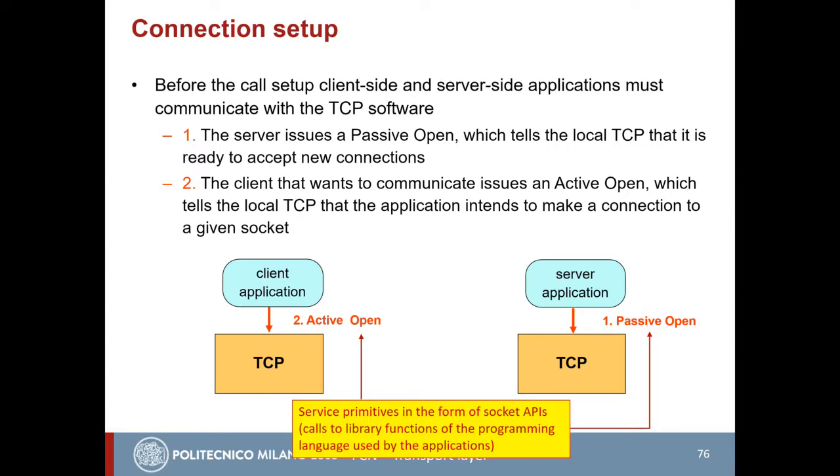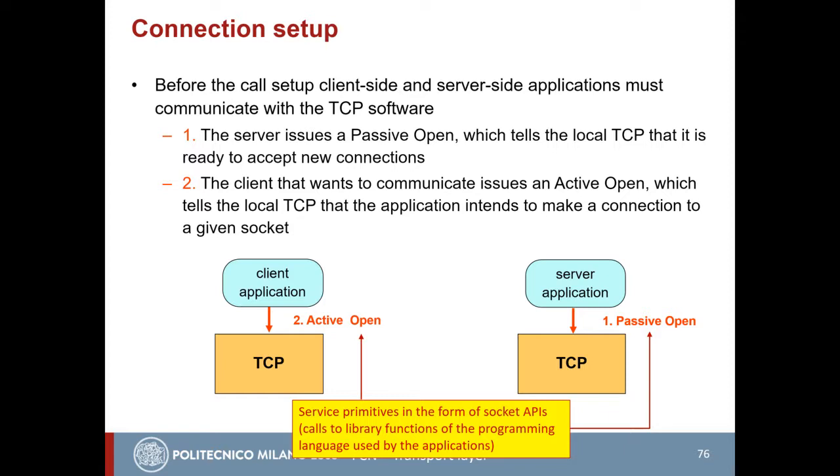On the other side, the client application issues an active open to the operating system only when the client has to start the communication with the server. So it is explicitly requested, for example, by a human user who is using a browser.